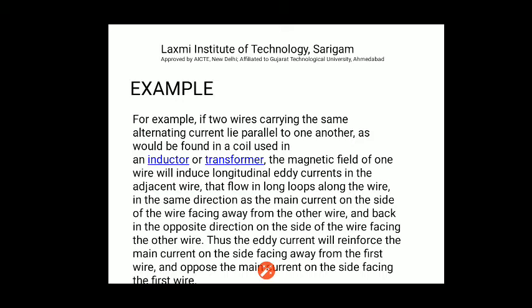It flows in long loops along the wire in the same direction as the main current on the side of the wire facing away from the other wire, and back in the opposite direction on the side of the wire facing the other wire. Thus, the eddy current will reinforce the main current on the side facing away from the first wire, and oppose the main current on the side facing the first wire.